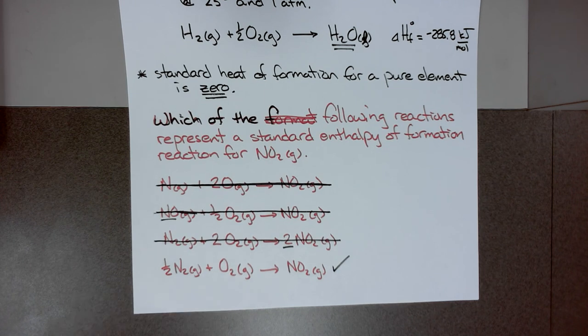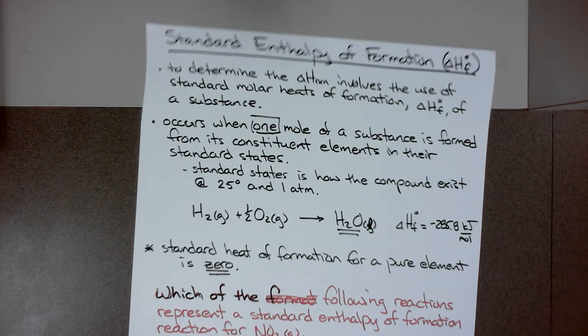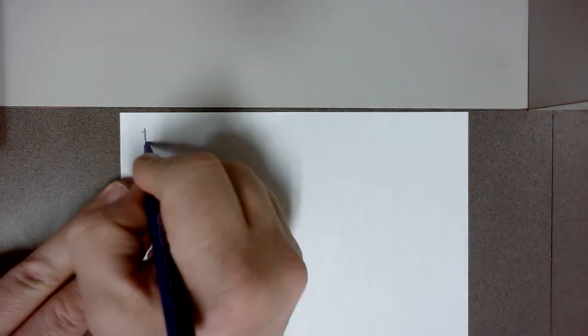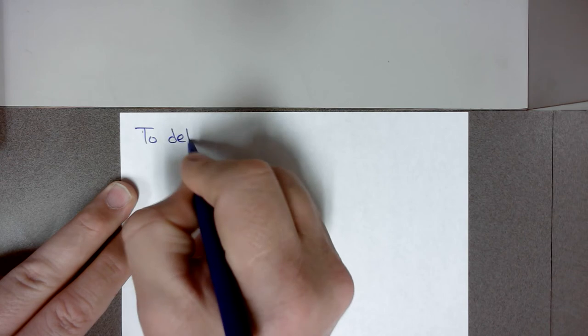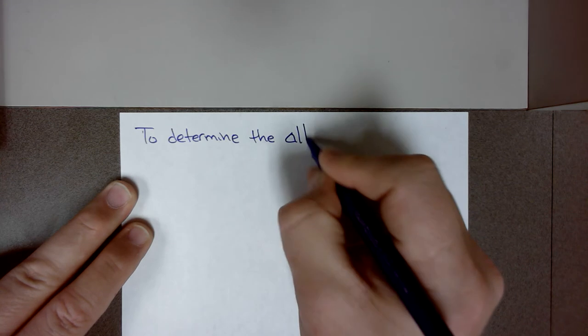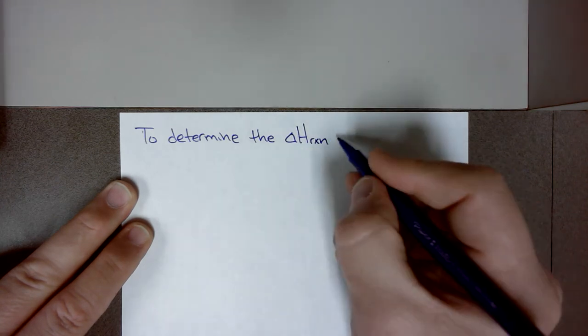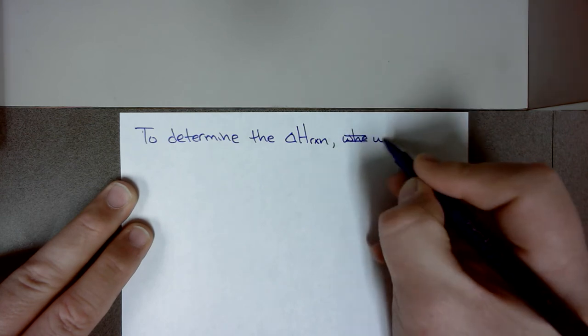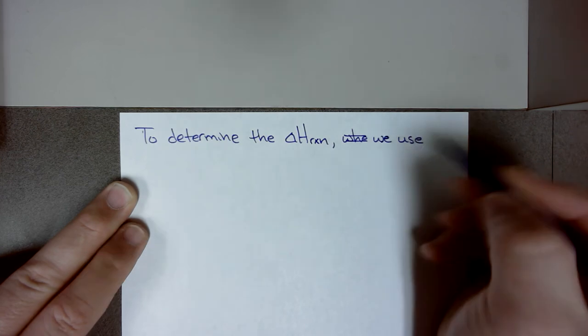Now, the next part of this is the equation that we use to determine the enthalpy for a reaction. So, to determine the delta H of a reaction, we use the following equation.